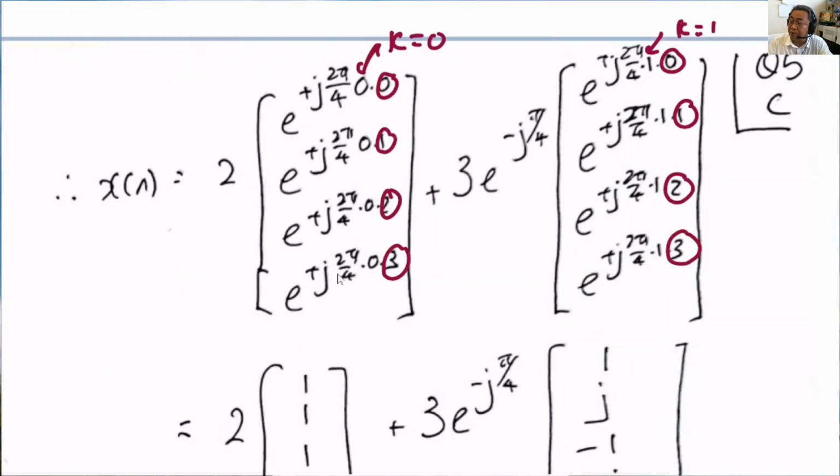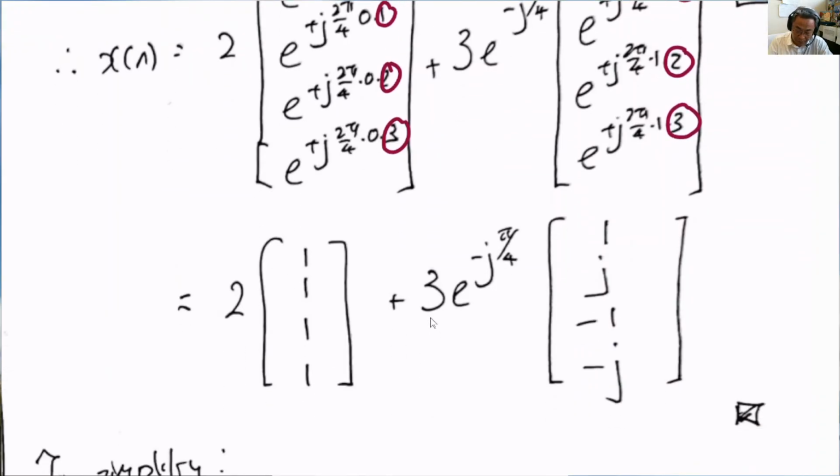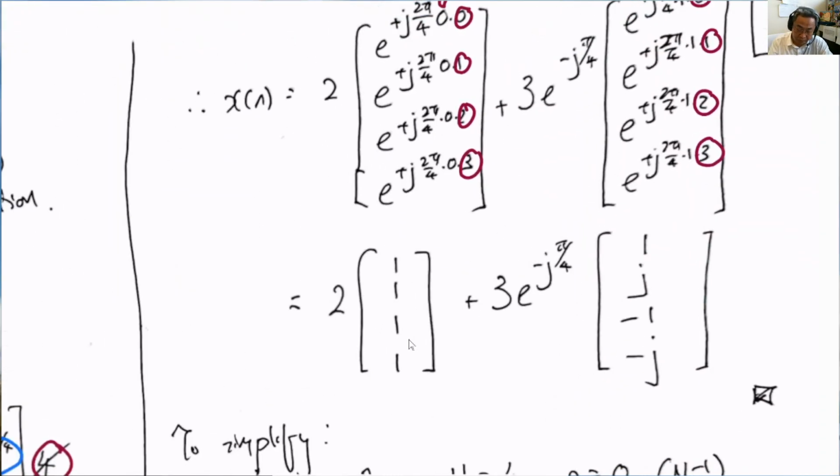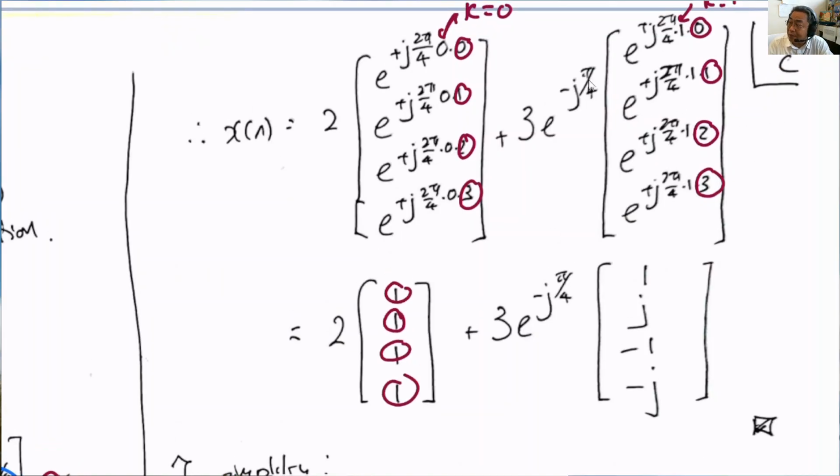Once we have filled up these numbers in complex exponential form, then we convert it into rectangular form. So this first column, since it is e^(j0), all the values become 1. Here, we recognize 2 pi over 4 times 1 becomes pi over 2.